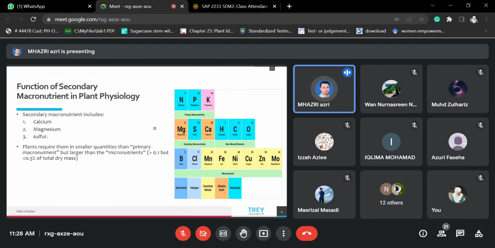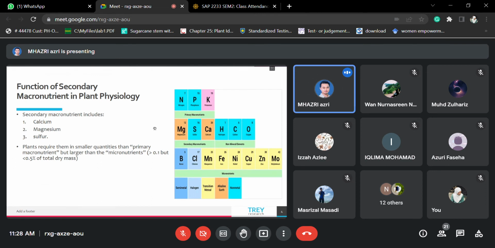For secondary macronutrients, the concentration of these elements is between 0.1% to 0.4%. So macronutrient concentrations in plant tissues are higher than 0.1%.